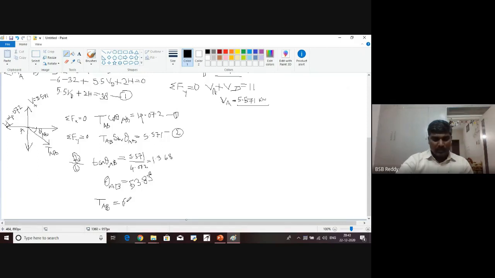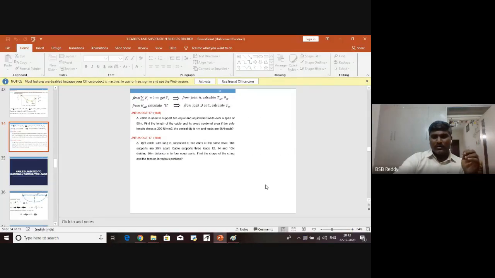So I will take it as 6.9 kilonewton. This is the TAB value. Okay, so got it. So we have taken joint A free body diagram and applying two equilibrium equations, we have got two equations and two unknowns theta and TAB. So that is the next step that we have taken.